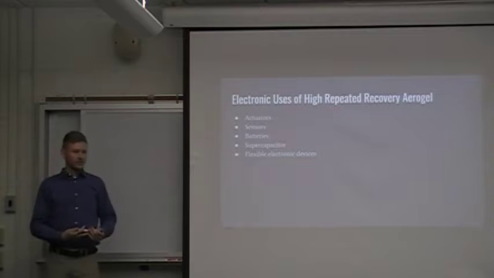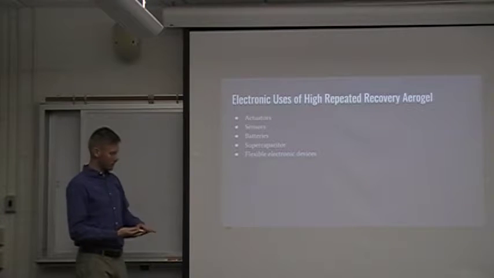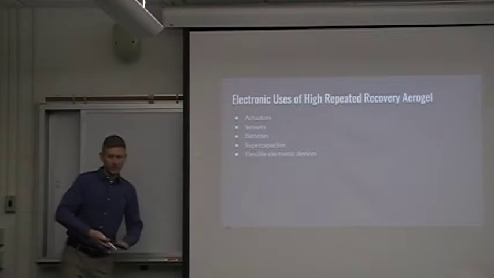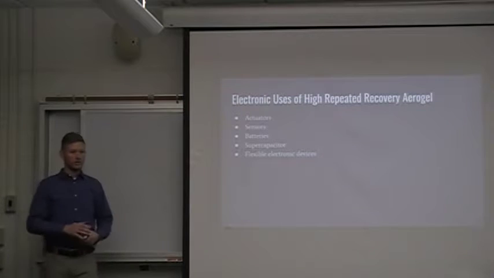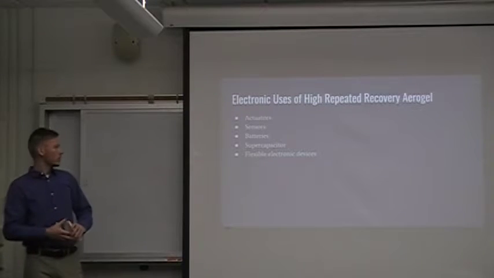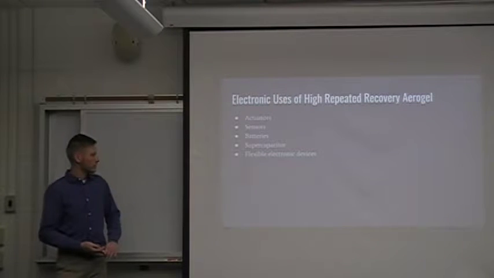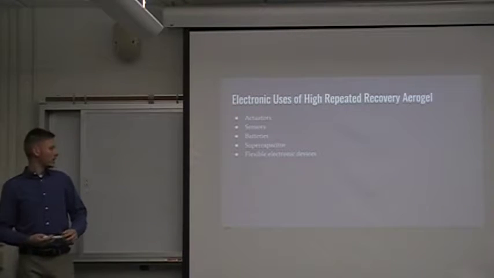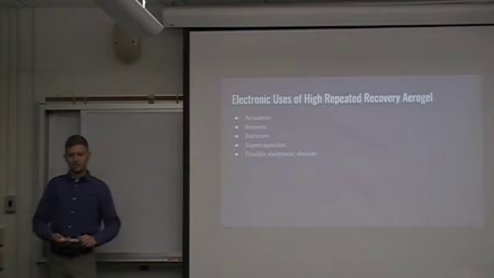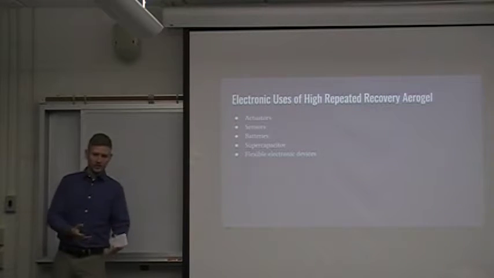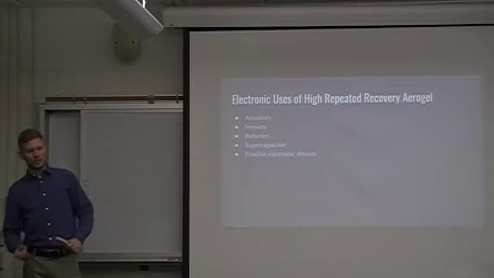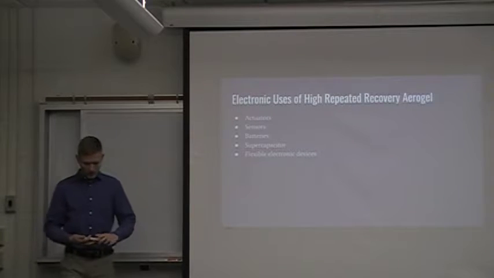So, graphene aerogels can be used in many ways, but the purpose of this, using its conductivity, is in actuator sensors, batteries, supercapacitors, and flexible electronic devices, flexible since it can keep its own shape and resist changes.